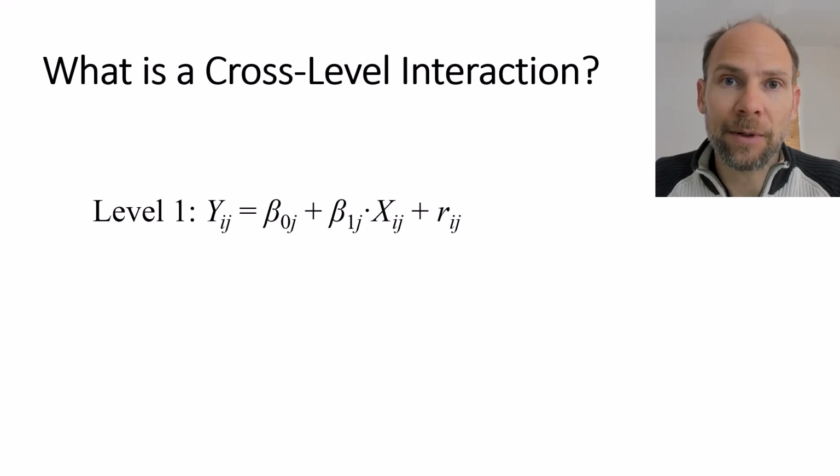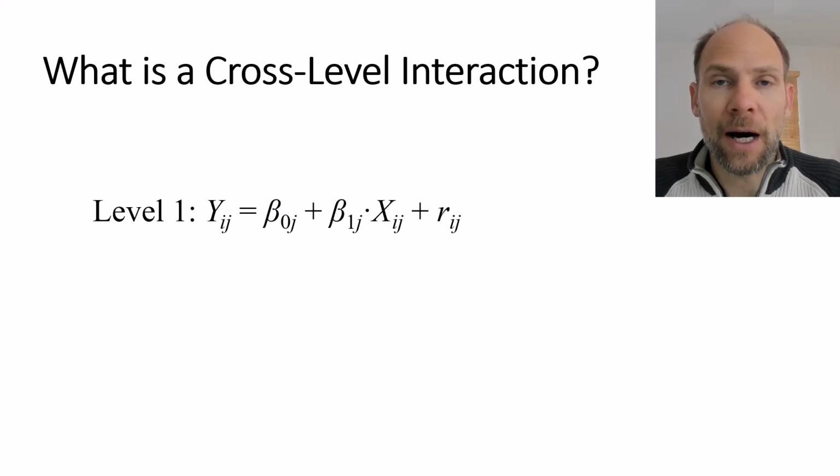So for example, a student i who belongs to a school class j. And this dependent variable is predicted in a level 1 regression equation with an intercept beta 0j, with a slope coefficient beta 1j, and then there's a predictor, xij, and there's a residual term rij.